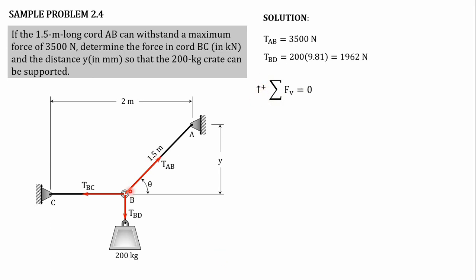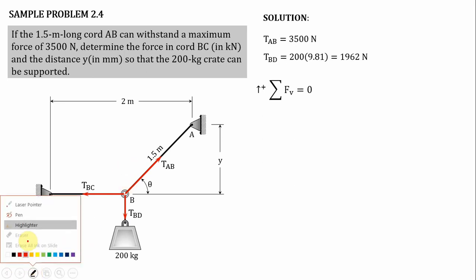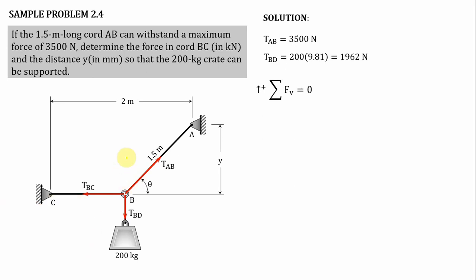Let's draw the component of our tension AB. This is our tension AB, and it is vertical and going upward, so it is positive. Tension AB is 3,500, so 3,500 sin theta, positive since it is upward.